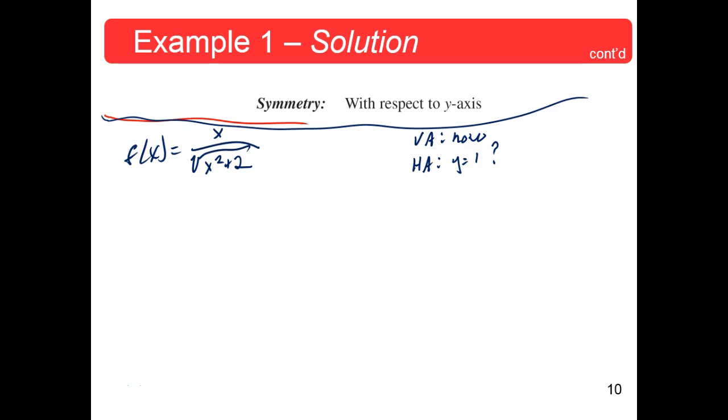Y equals 0. And what's your y in this problem? f of x is y. Okay? And how in the world could this be 0? If and only if your numerator was 0. So x equals 0 is going to be an x-intercept. And what is the y value when x is equal to 0?